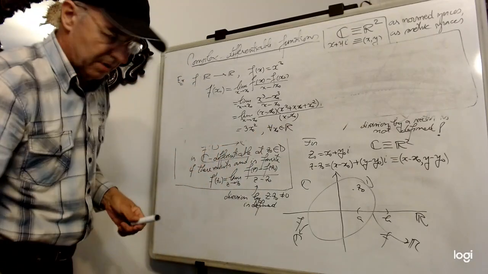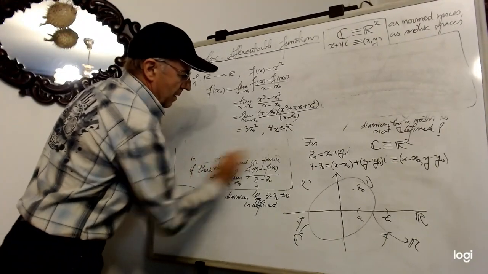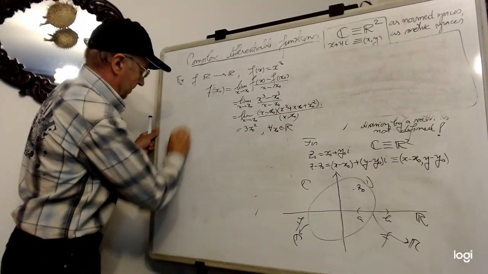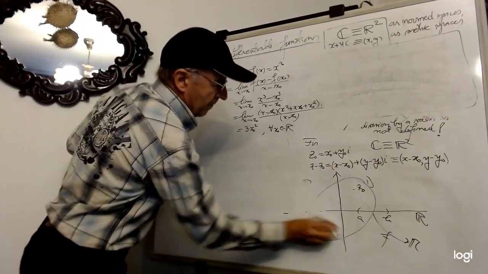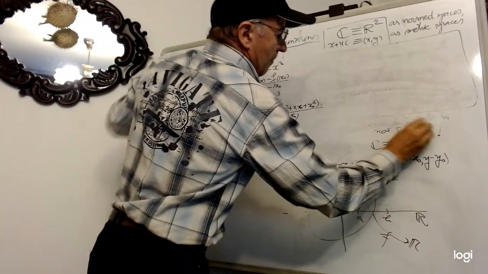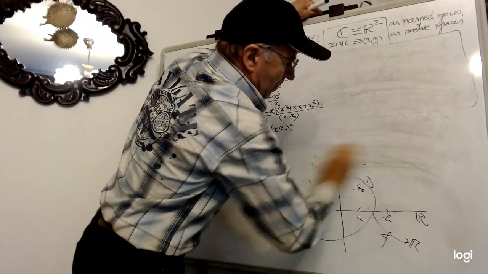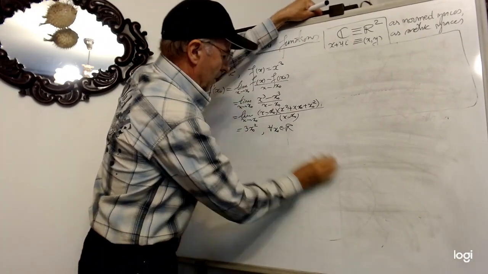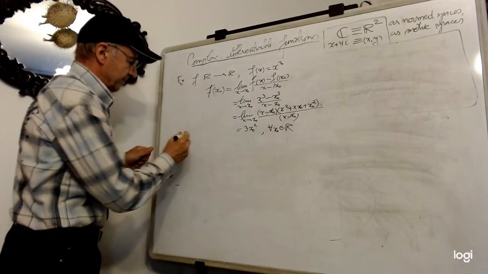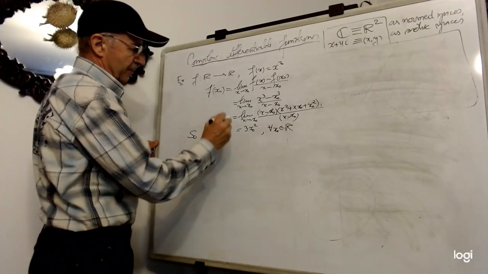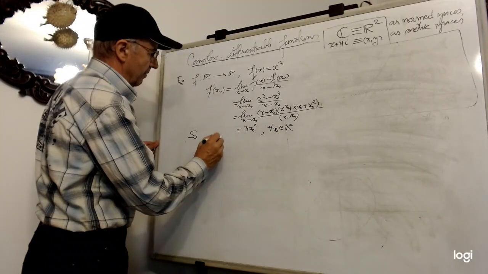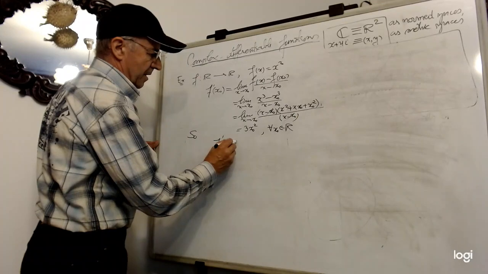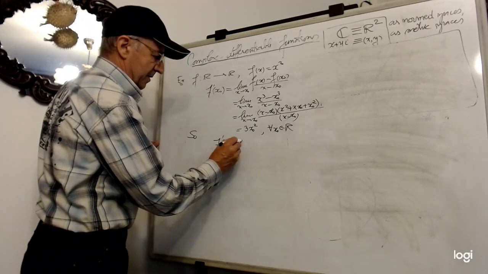So we have obtained that the derivative of f at an arbitrary point x is 3 times x squared.